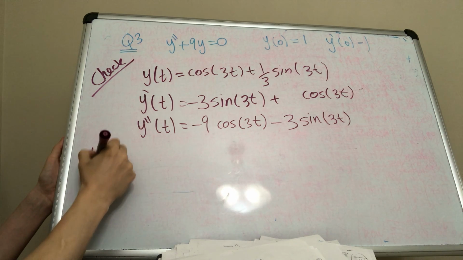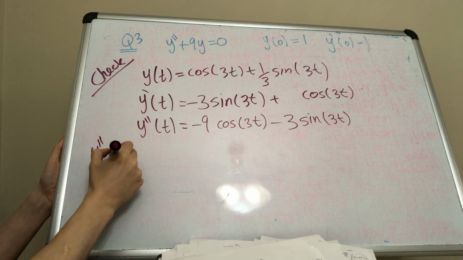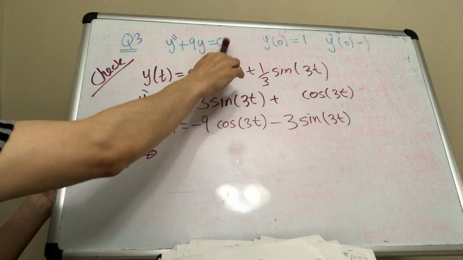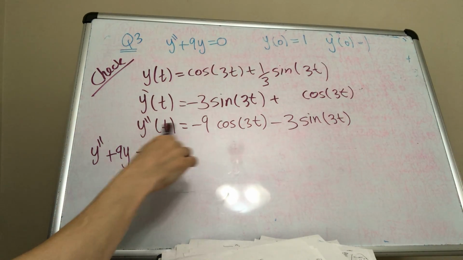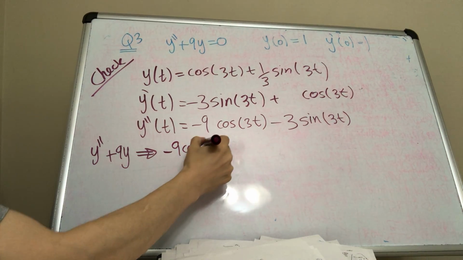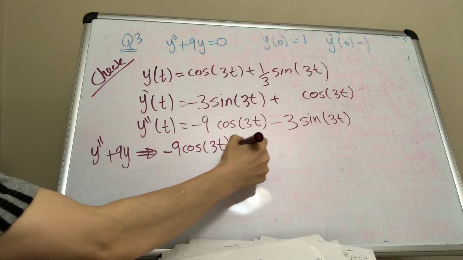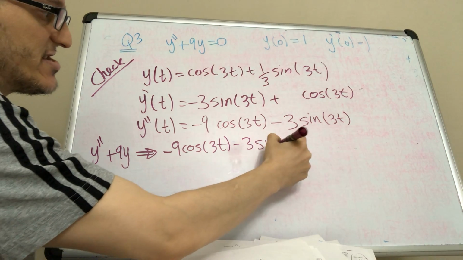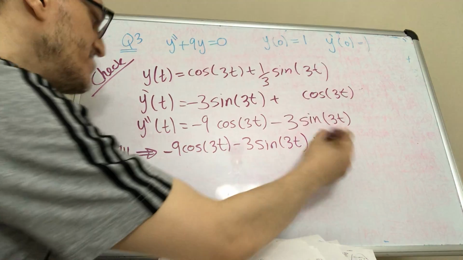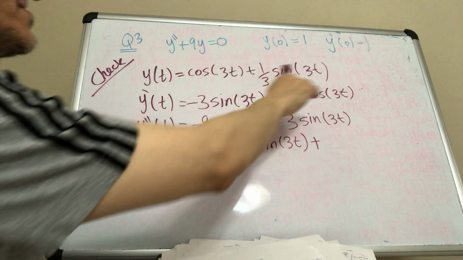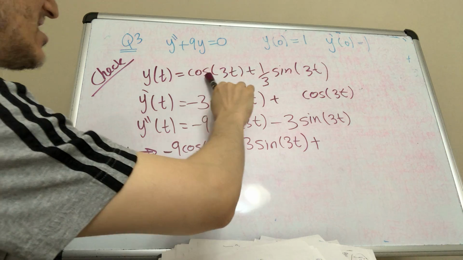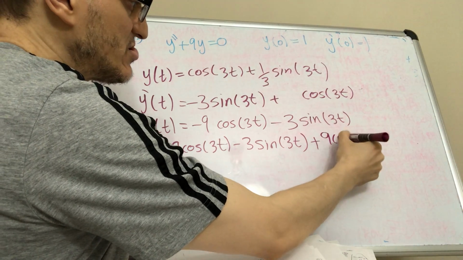Now let's try. Does y double prime plus 9y equal 0? So you take y double prime, which is minus 9 cosine 3t minus 3 sine 3t, and you add it to 9 times your y. 9 times cosine would be 9 cosine.